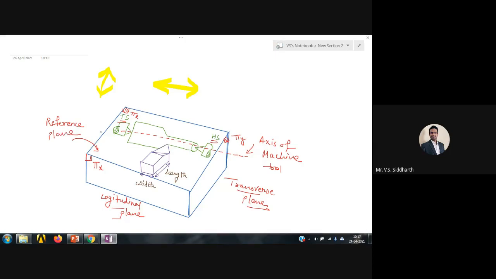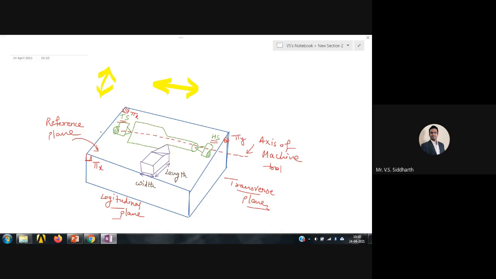Is it clear up to this point? I haven't done anything which is so difficult to understand. I have just taken three planes. I have considered a machine tool in which some turning operation is taking place.